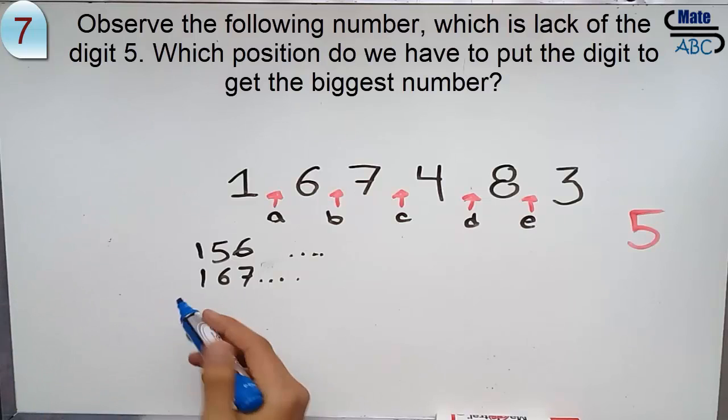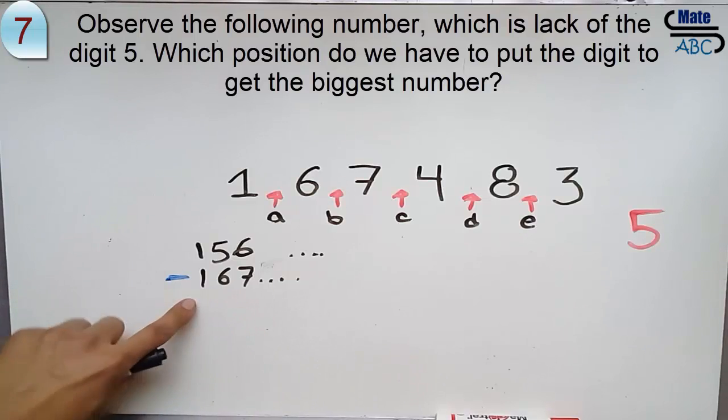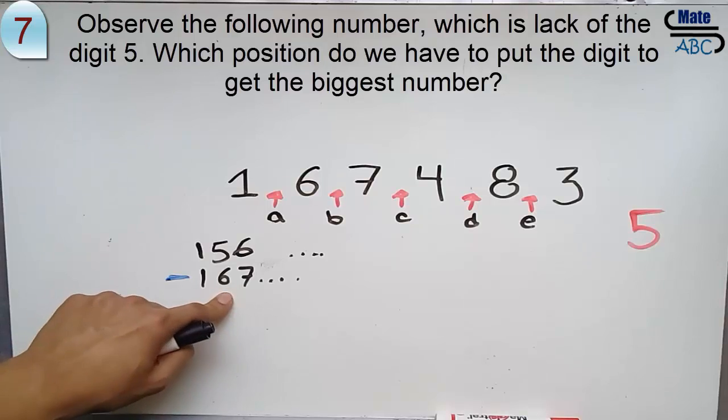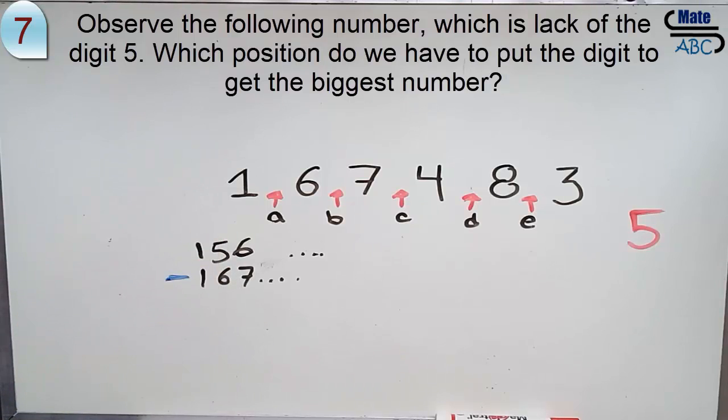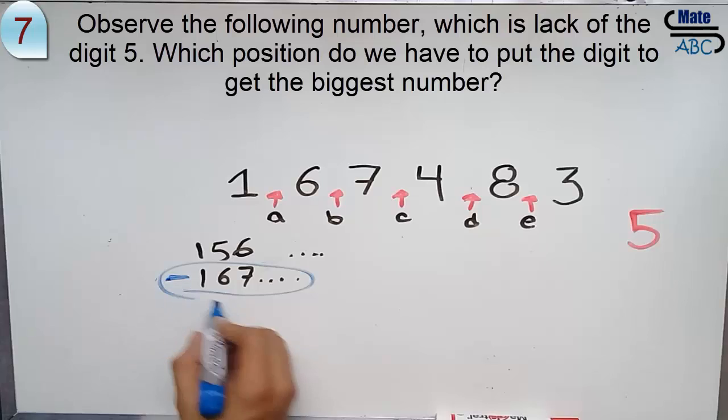Well, it's this, because 1 equals 1, but 6 is greater than 5. So that's why this number is greater than the other.